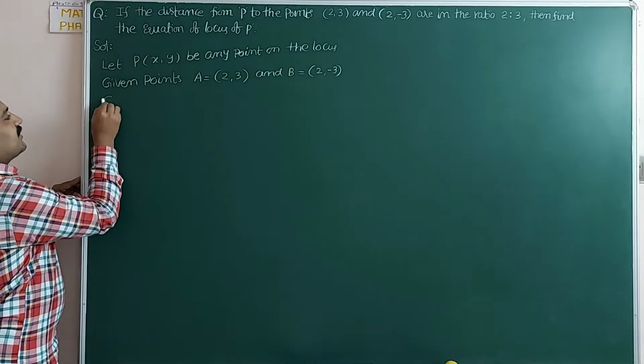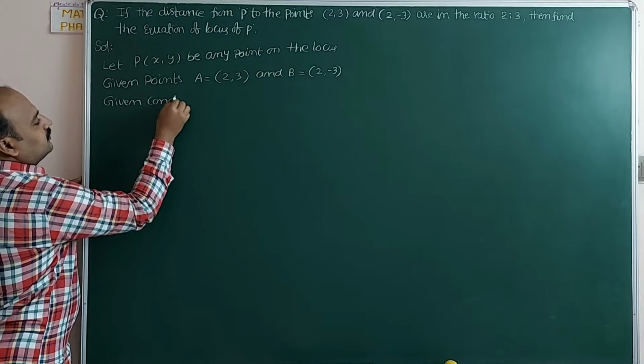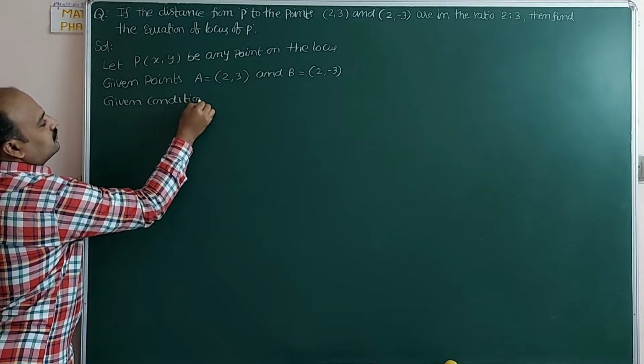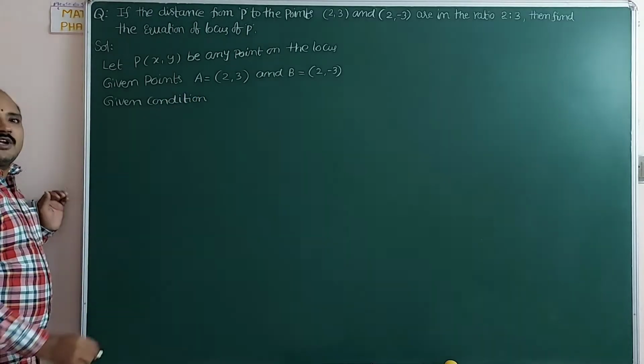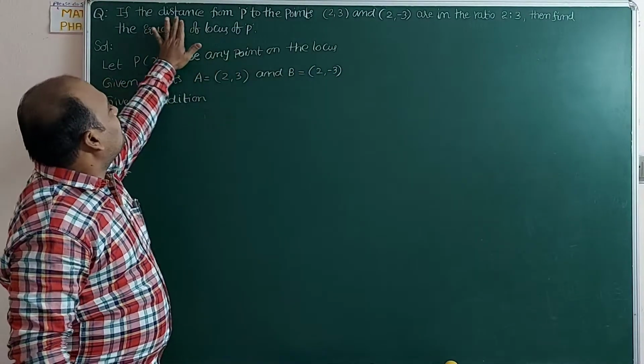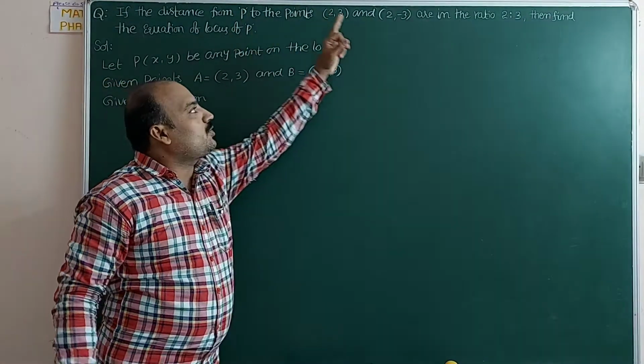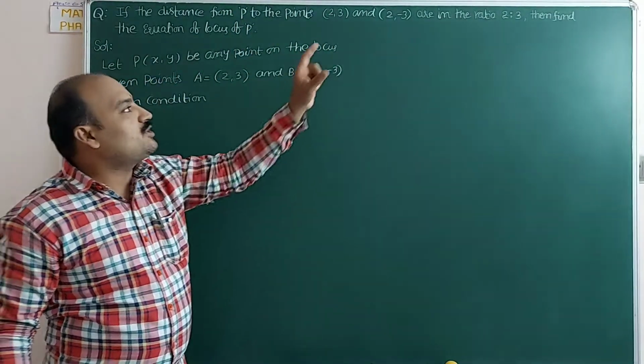Next, given condition. What condition is given? The ratio of distances. The distance from point P to this point and from P to this point, the ratio is 2 is to 3.